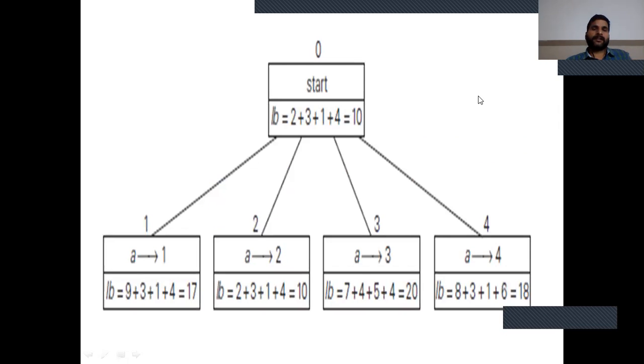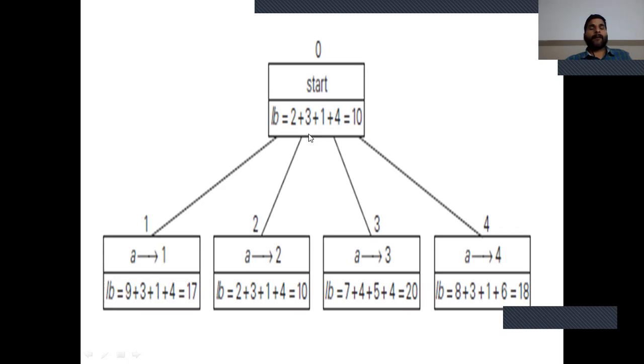Now first we select the start node, indicated by 0, and here the value of the lower bound, 2 plus 3 plus 1 plus 4 equal to 10, is calculated by selecting the least value of each row. The total optimum cost is 10.